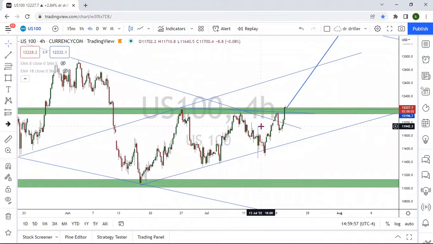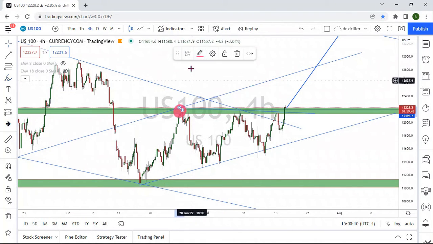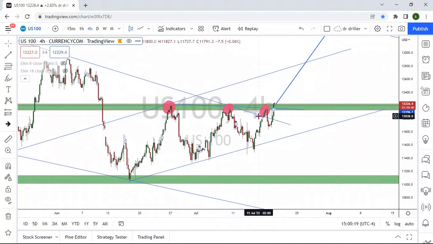Just yesterday, the market dropped, respecting these three touches, respecting that first, second and third touch right there. Then it went to the downside, then came back to break above those touches, right?